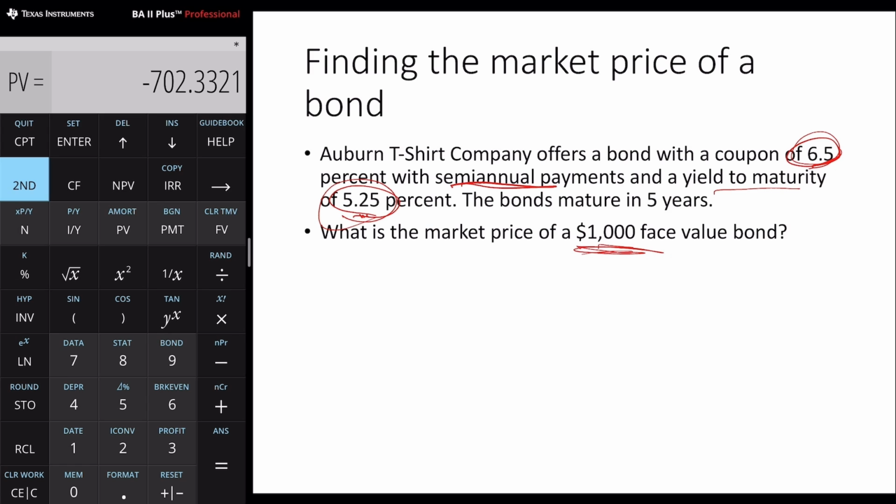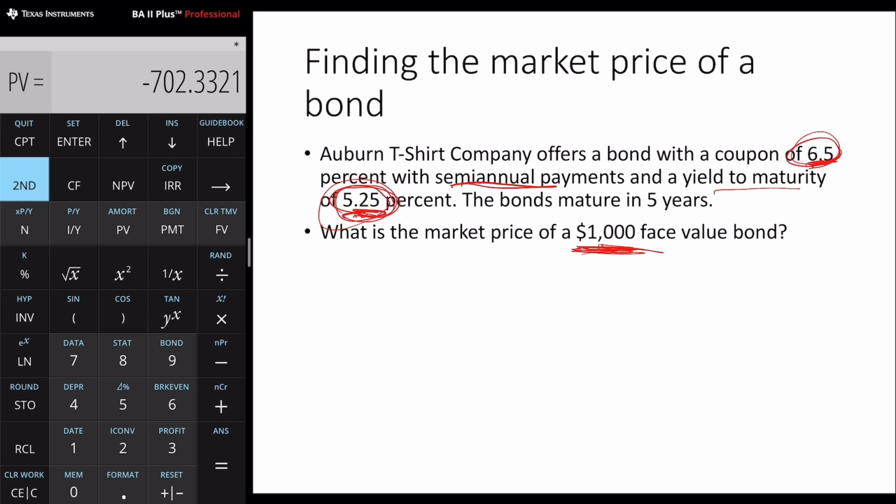If I were to sell it at face value of $1,000, then the yield to maturity would be exactly equal to 6.5%. That's another important concept. If the price of the bond is the same as face value, then the bond is simply going to yield its coupon rate. Okay? But if I increase the price of the bond, then the yield is going to go down, and I'm going to increase the price of the bond just enough so that the yield to maturity, so that the rate goes down and touches 5.25%.